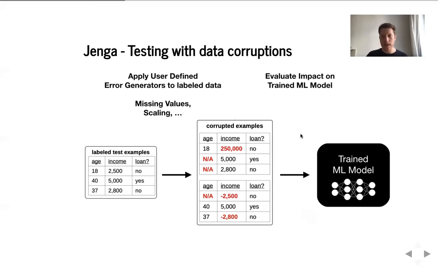It might be hidden behind a cloud API. This is a use case that we addressed in the SIGMOD paper that I mentioned earlier. So we just try to make it as easy as possible for you to apply corruptions to test your pre-trained, opaque machine learning model.